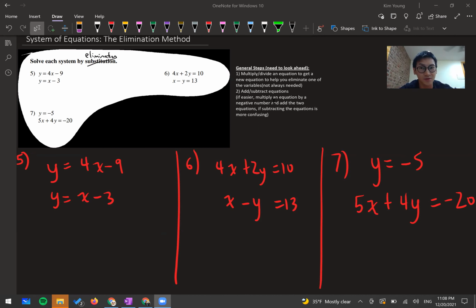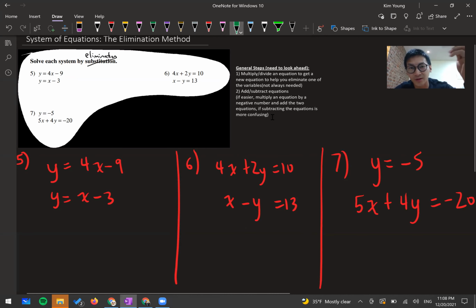But if that confuses you, then just multiply the equation by a negative number, and then you just add the two equations. They're equivalent ways.